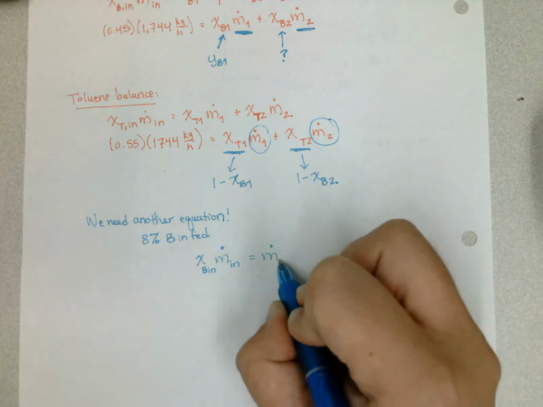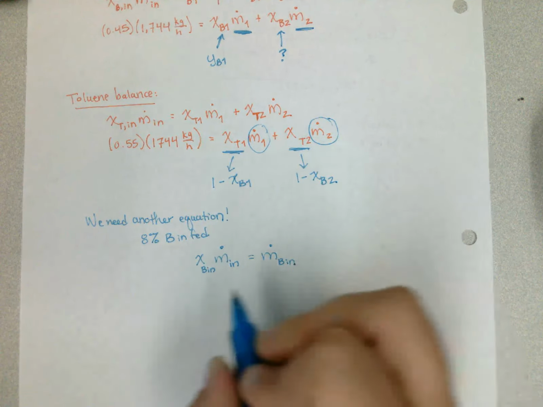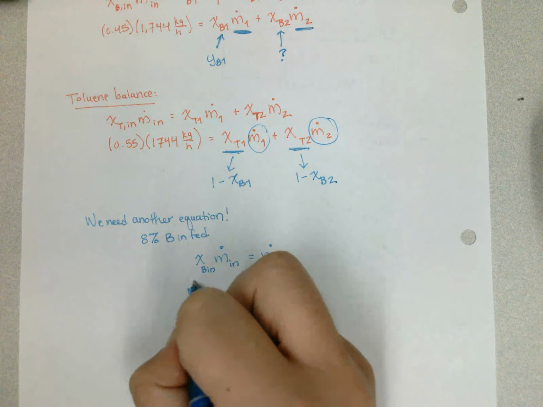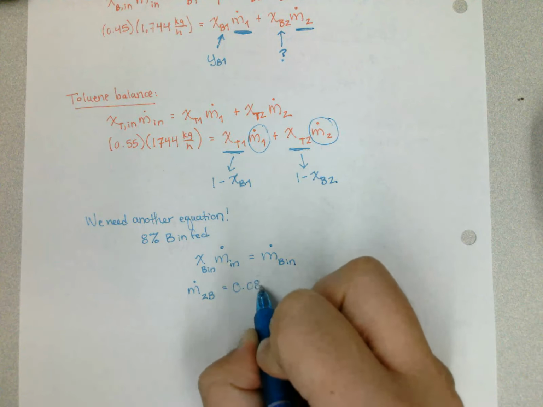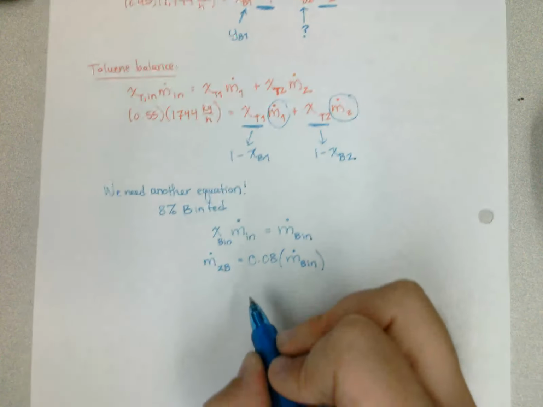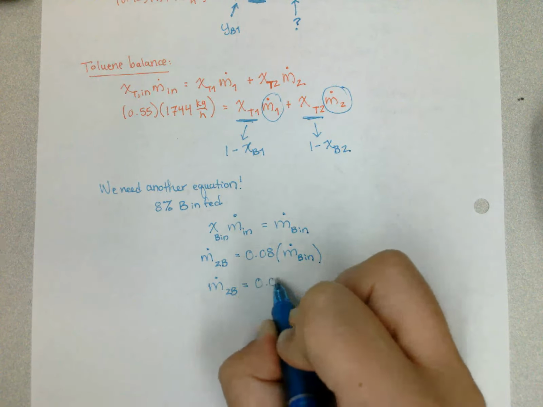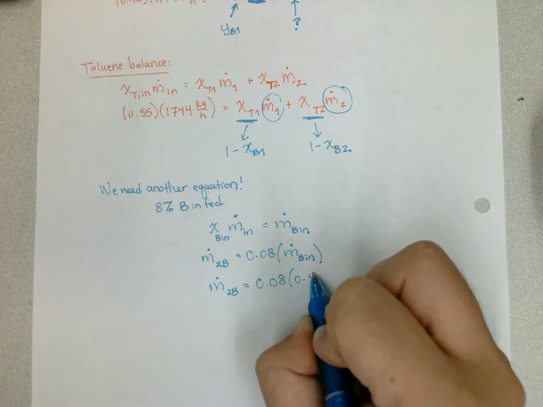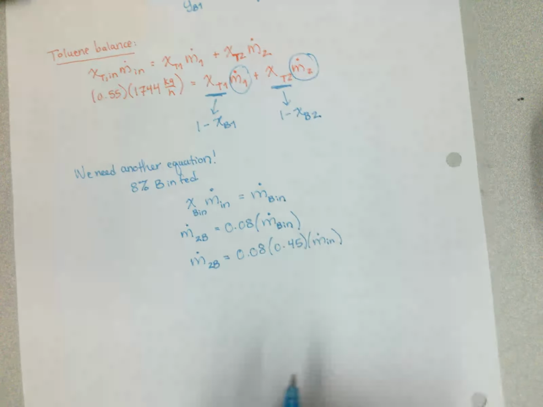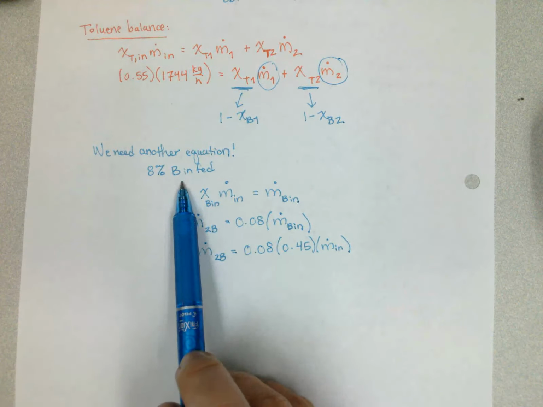That's the mass of benzene in. Okay. So if the mass of benzene in stream 2 is 8% of the mass of benzene in the input stream, then what that means is that the mass of benzene in stream 2 is 0.08 times 0.45 times the mass into the system. So what's really critical here is that it's 8% of the benzene in the feed. It's not 8% of the total feed.